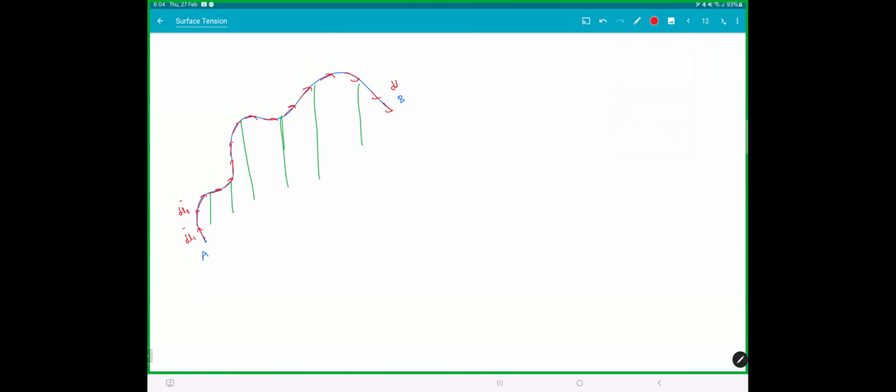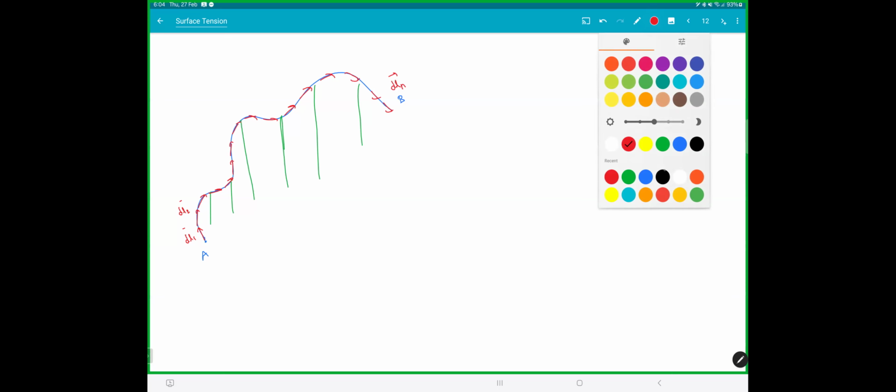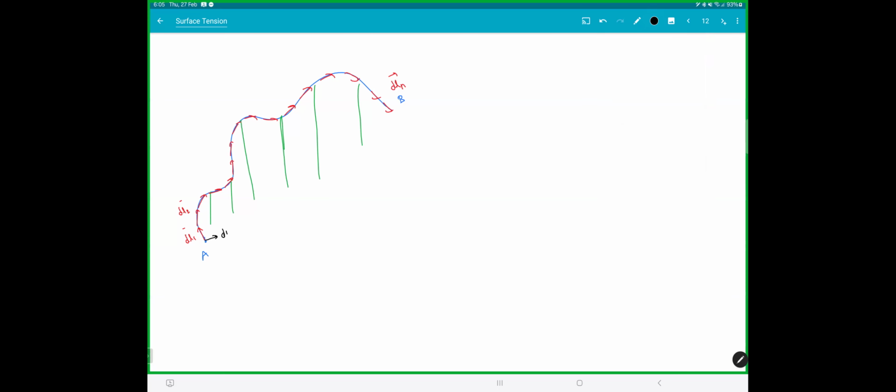This is dln bar. Now the force on each piece will be perpendicular to this line: df1, df2, df, df, df, and so on. So the force on any random curve will be 2 into S, because there are two surfaces, into the magnitude of dl1 plus dl2 plus so on up to dln bar.